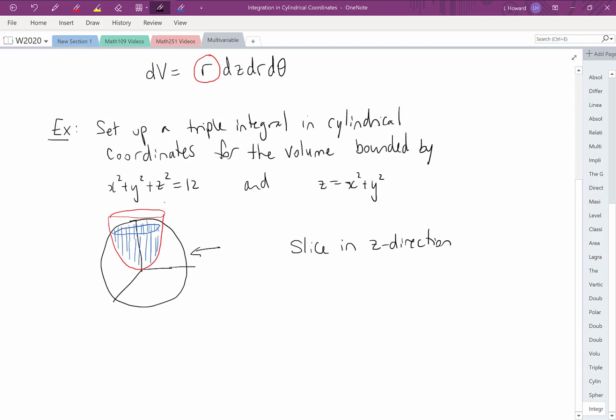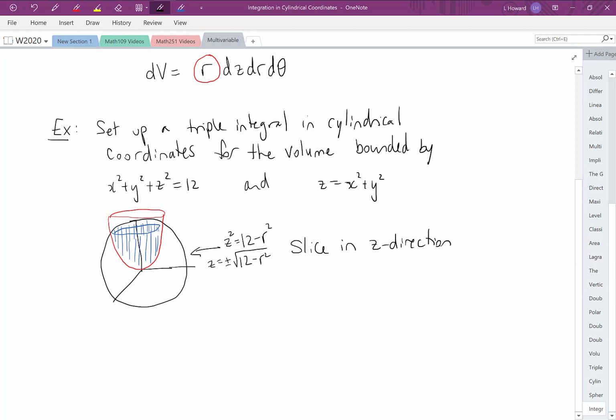The sphere, if we rearrange this for z, we could say z squared equals 12. Now, instead of saying minus x squared minus y squared, I'm going to say minus r squared so that we're getting that into cylindrical. So z squared equals 12 minus r squared. We could then take roots and say z equals plus or minus the square root of 12 minus r squared.